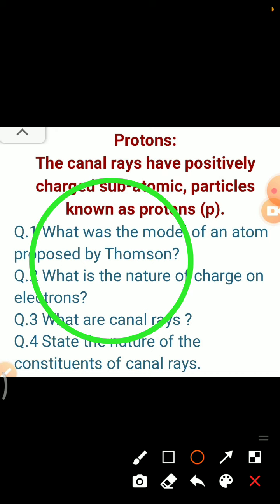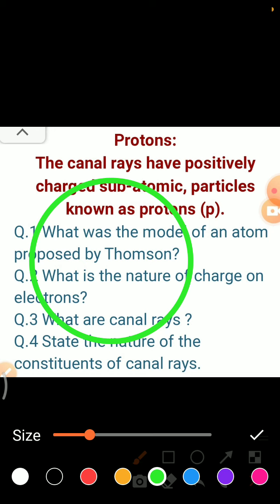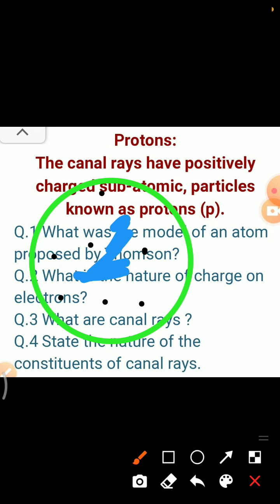Inside this, there are electrons embedded, and everything else is protons, it is filled with protons. So this was Thomson's model of the atom.